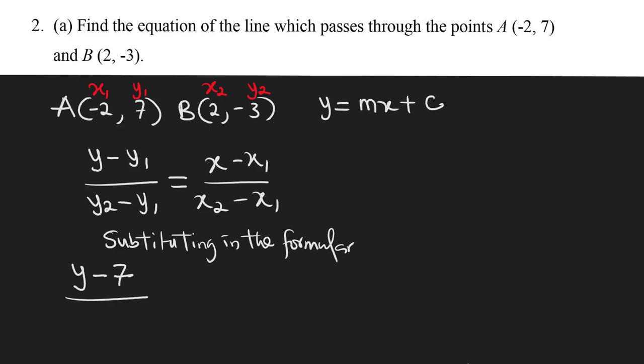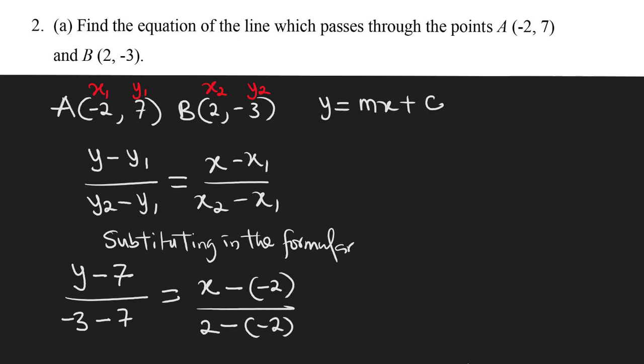So we have minus 3 minus y1, and our y1 is 7. We have that equal to x minus, what is our x1? Our x1 is minus 2. Minus minus 2 over x2, which is 2, minus x1, which is minus 2.